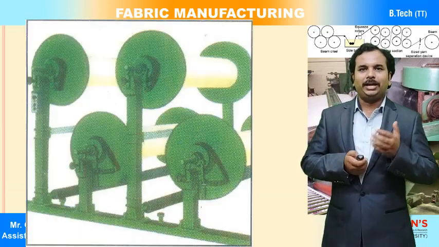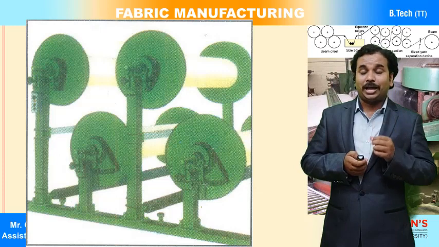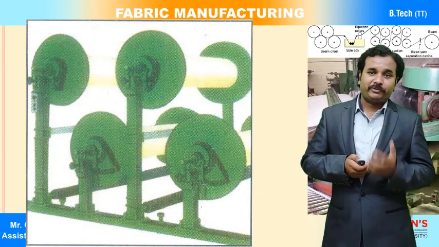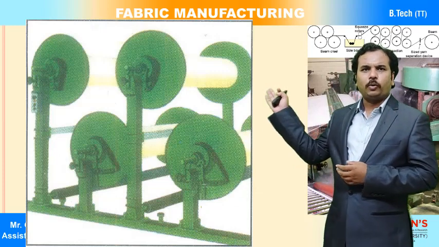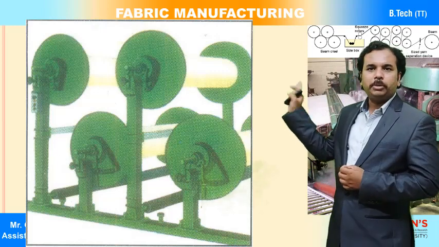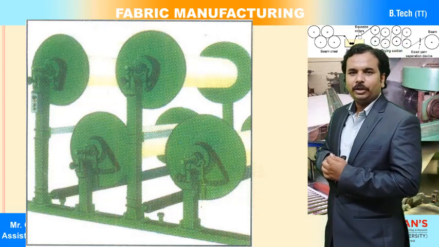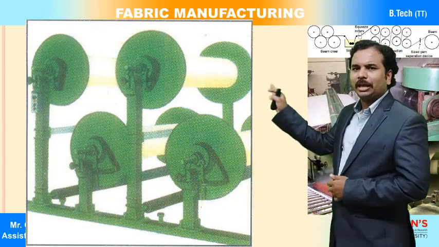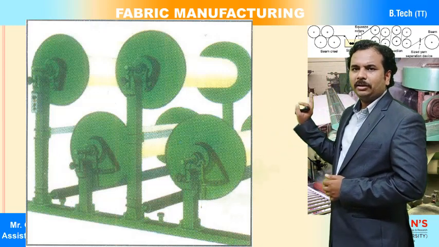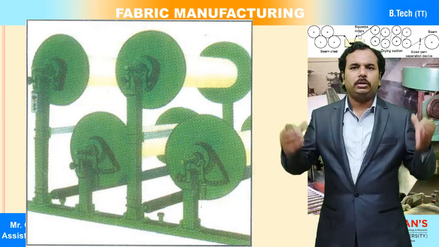The second creel type is called the vertical type of creel. Okay, and in the over and under creel, this is how the beams are kept on the creel stand. The creel stand is nothing but a metallic stand where you can mount the beam.